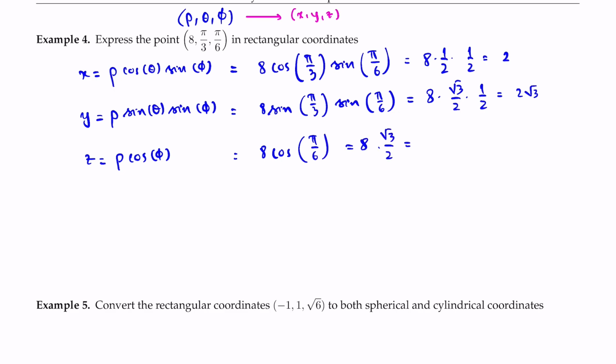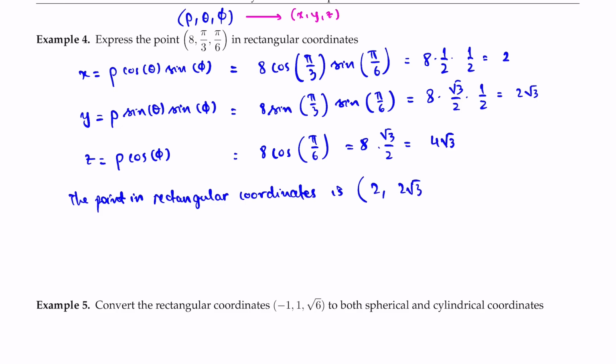Or this is going to give you 4 times root 3. So the point in rectangular coordinates is of the form 2, 2 times root 3, 4 times root 3. So that is the procedure to convert from a point in spherical coordinates to a point in rectangular coordinates.